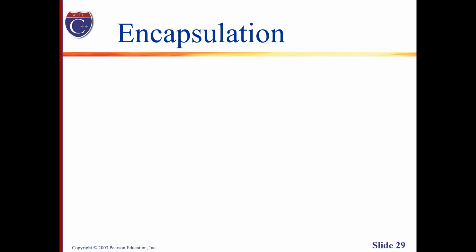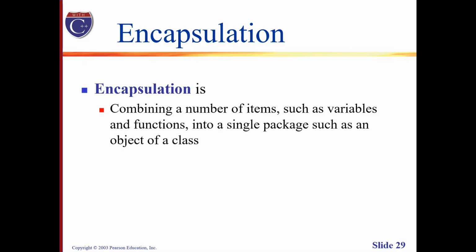When we talk about classes, or shall we say object-oriented programming in general, we have the concept called encapsulation. We can simply define encapsulation as the combination of a number of items, such as variables and functions, into a single package, such as an object of a class.